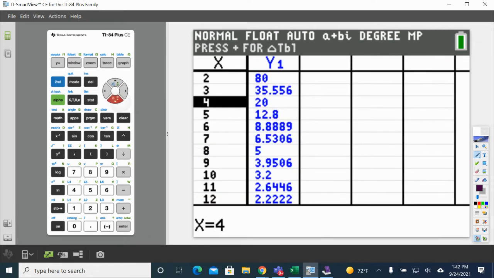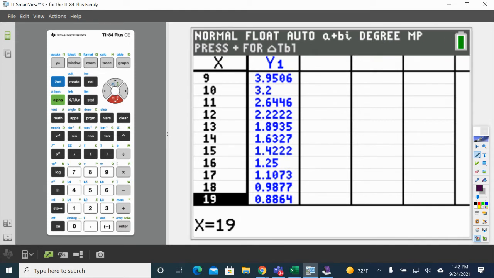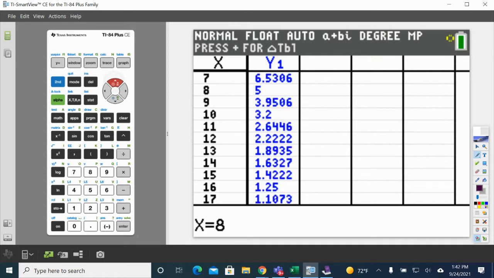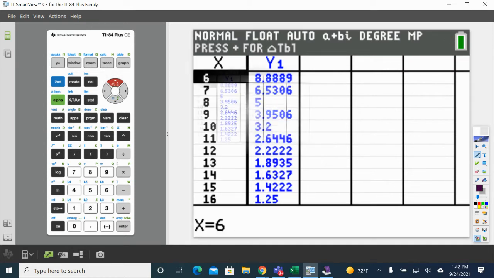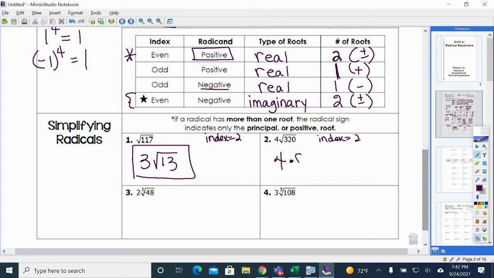Look for where the y crosses over to a 0, so it becomes less than 1. Go up to the first whole number in the y column, which in this case is a 5. So 8 times the square root of 5. And to finish this off, we have to make sure that we multiply the 4 times the 8, which is 32, times the square root of 5.